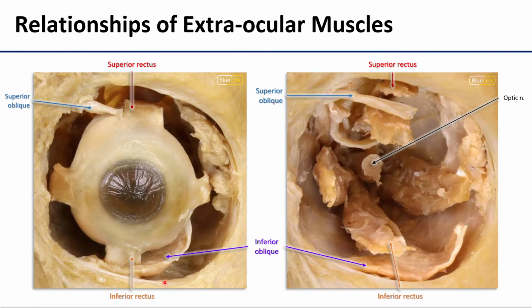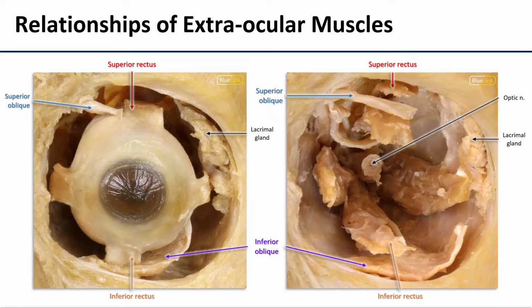All right, so number one, this chunky thing up here in the corner of the orbit, and see that over here as well, looks pretty glandular to me, right? And we know that there's a pretty big gland that sits in the superolateral corner of the orbit, yeah? So we can feel pretty confident in calling this the lacrimal gland.